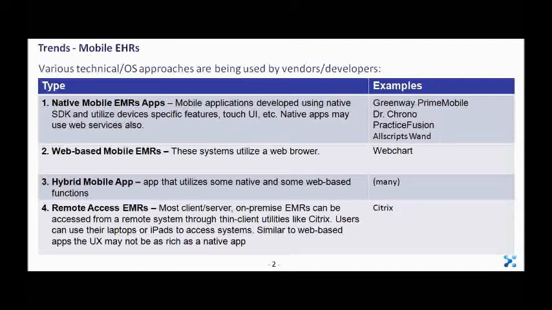And then lastly, some providers as well as solution vendors are promoting the use of thin client utilities like Citrix to access EHRs. The fourth option has gotten some recent press from the Advisory Board, who issued a report that said that the fourth approach, using thin client utilities, exposed the user to certain patient safety risks associated with using virtual keyboards and other desktop virtualization technology.